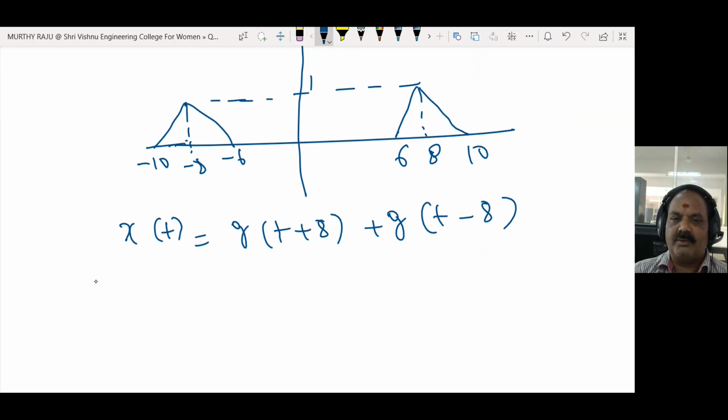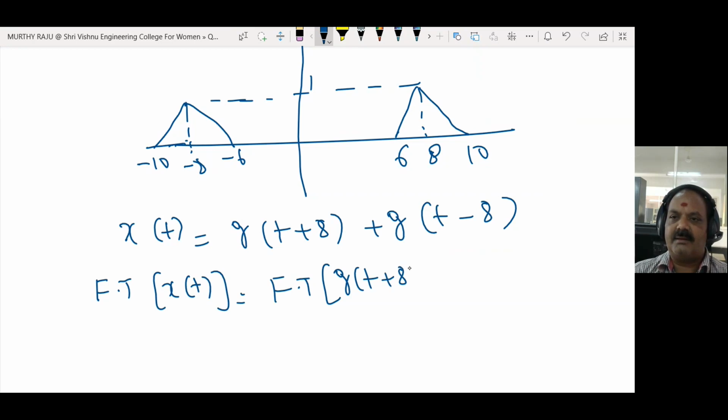Apply Fourier transform: the Fourier transform of x of t, and the Fourier transform of g of t plus 8 and of g of t minus 8.